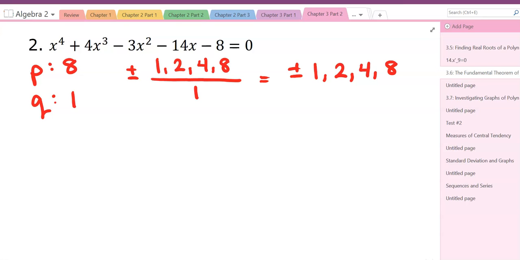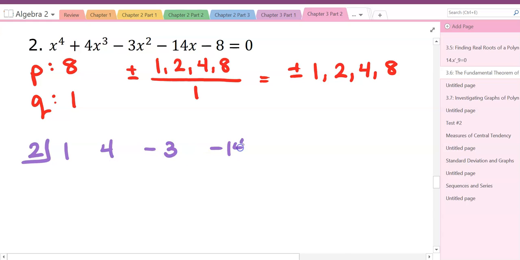Okay, so let's go ahead and test. Let me see. I believe 2 is going to work for us. So I'm going to go ahead and have us test 2. Grabbing my coefficients from up above here. So 1, 4, negative 3, negative 14, and negative 8.